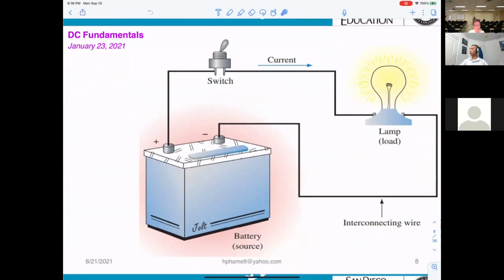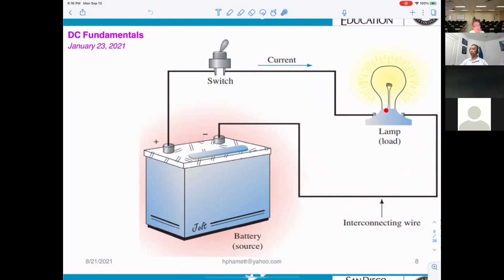When you turn it on, the light, then the current will be flowing from positive to the negative. And that will turn on the light.